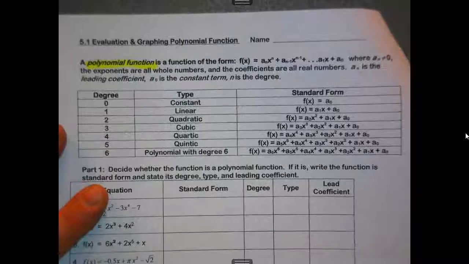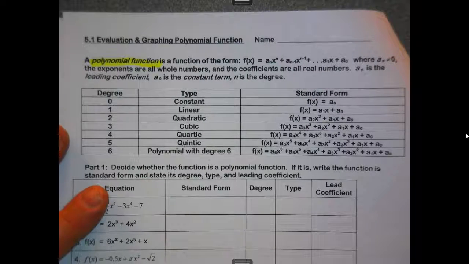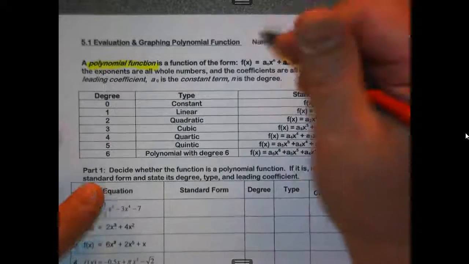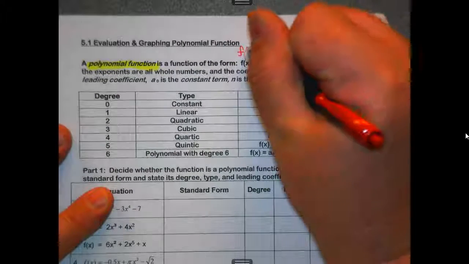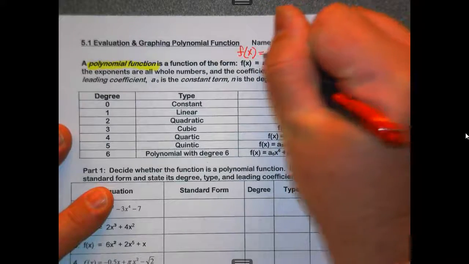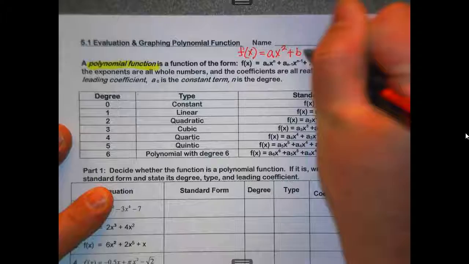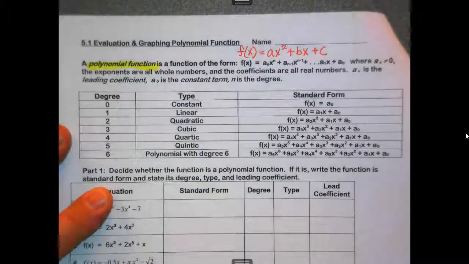Now, we've been working mostly with the quadratic function, right? Standard form of our quadratic function is ax squared plus bx plus c.